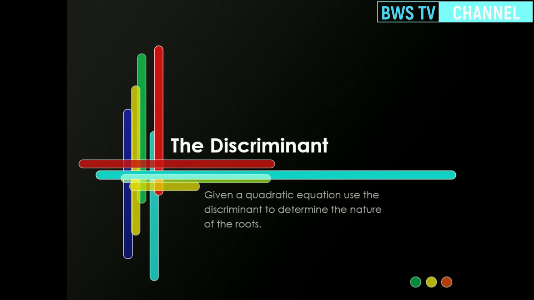So it will describe the value of x without even solving the quadratic equation. You can tell whether the value of x is imaginary, or there is one value for x, or there are two values of x. So that's the purpose of discriminant.